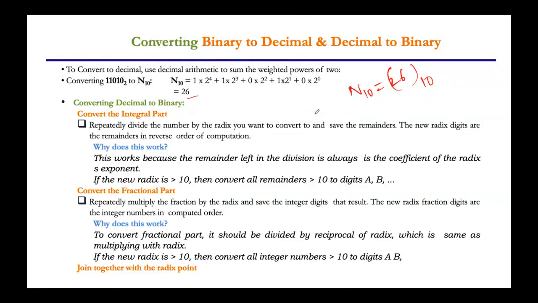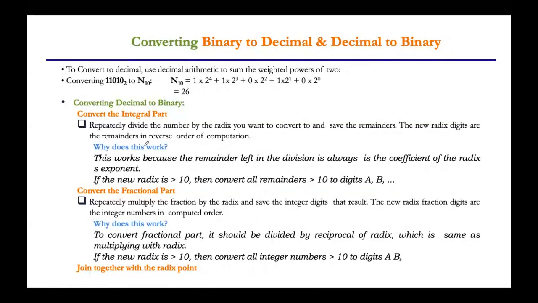Next, if we have a decimal number, how do we convert it into binary? If it is an integer part, simply repeatedly divide the number by the radix you want to convert to, and save the remainders.